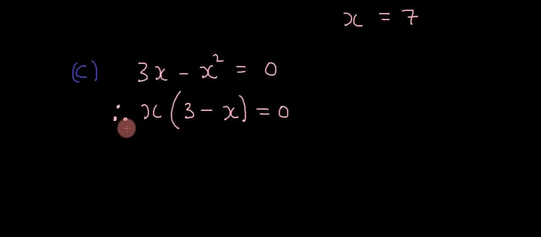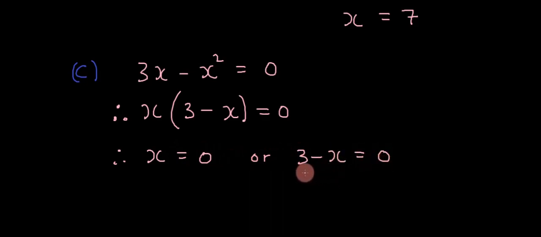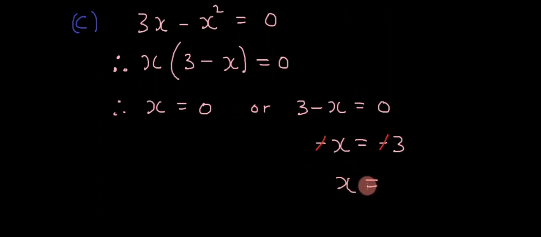Then, using the zero product rule, x is equal to 0, or 3 minus x will equal 0. And we can solve for x here. We can take the 3 to the right-hand side. So negative x will equal negative 3. Now we can divide through by negative 1, and the negatives will cancel. And we end up with x equals 3. So x is equal to 0, or x is equal to 3.